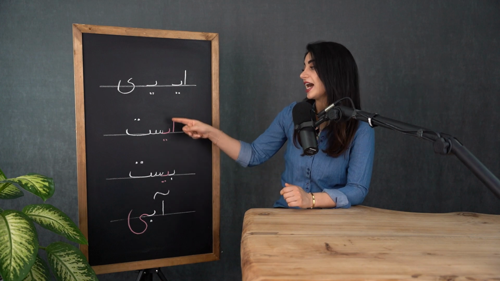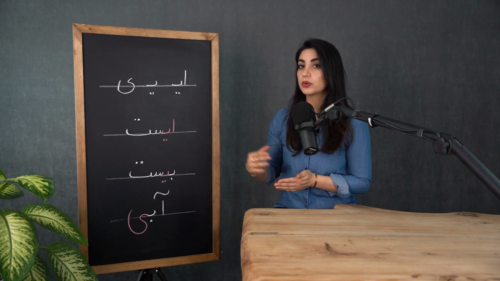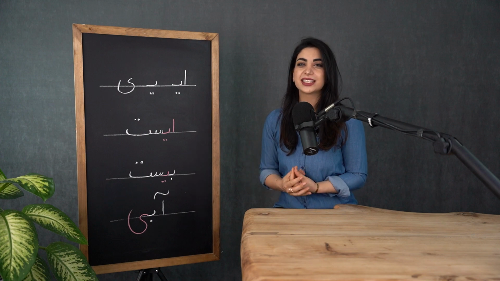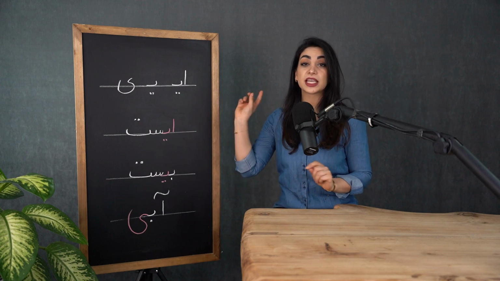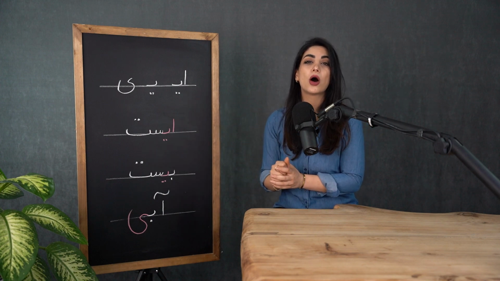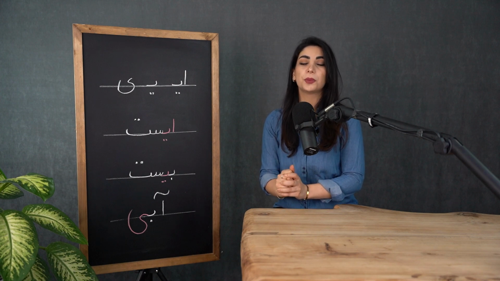And about these words, you know that instead of saying stop, we say east. Instead of saying 20, we say beast. And instead of saying blue, we say abi. Abi.